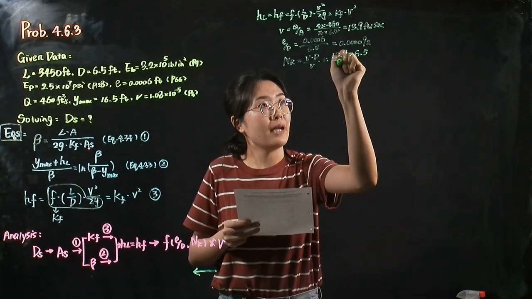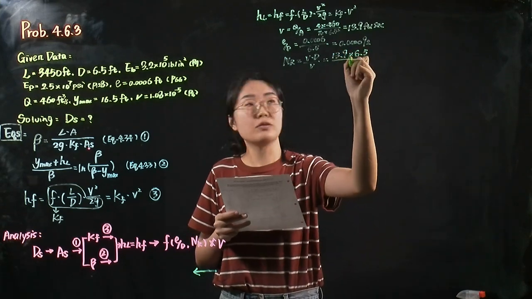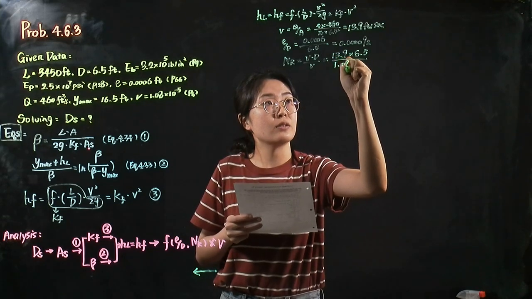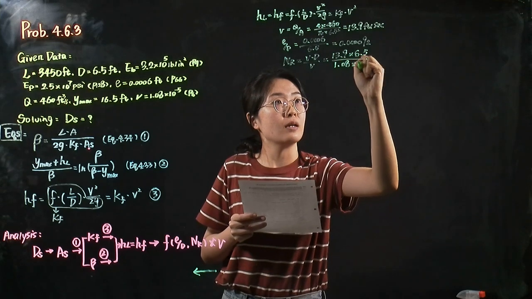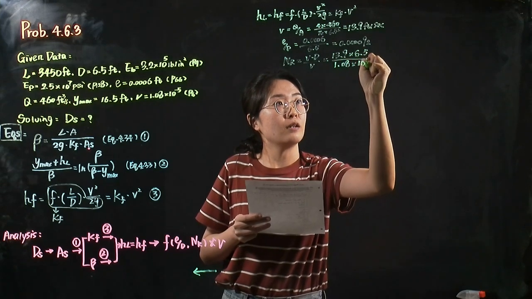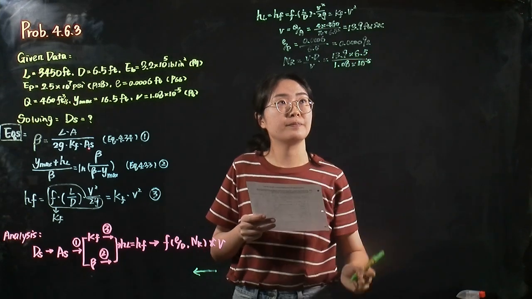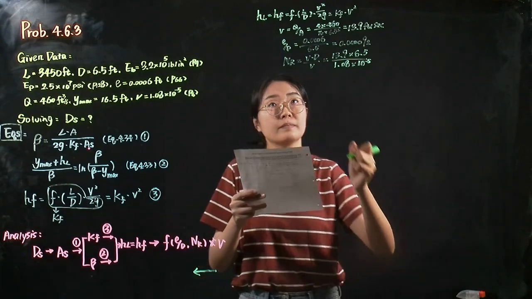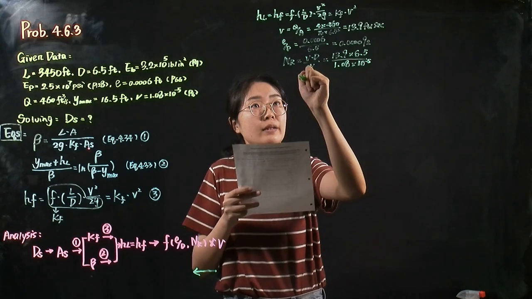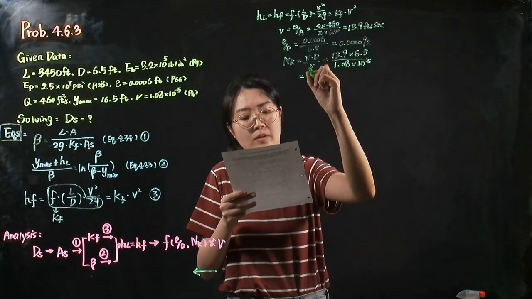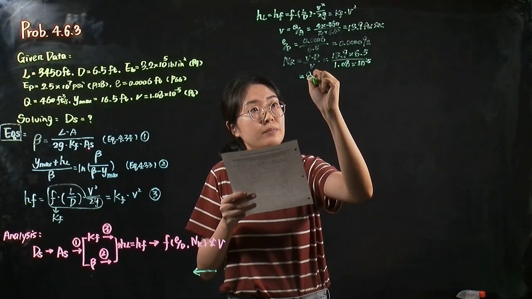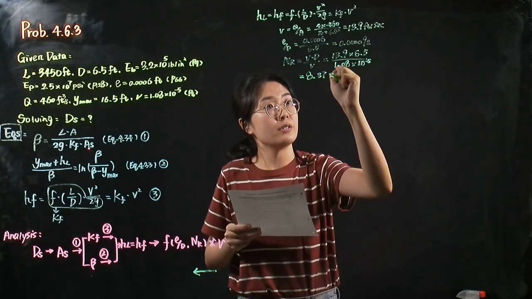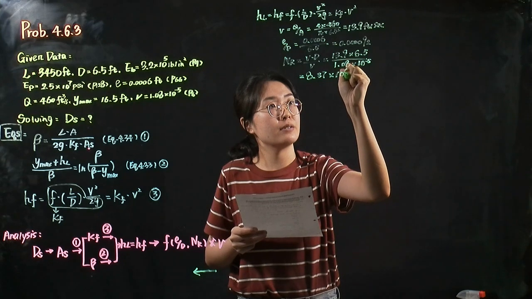And the kinematic viscosity equals 1.808 times 10 to the power of minus 5. And it equals 8.37 times 10 to the power of 6.